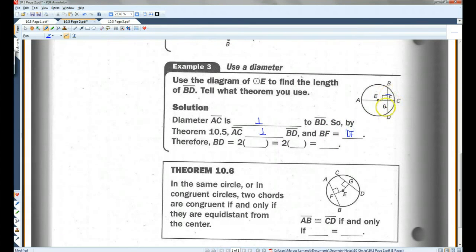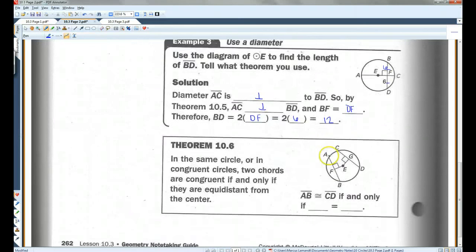Then it bisects it. So if this is 6, then this also has to be 6, which means the whole thing has to be 12, because 2 times 6, 2 times BF, I guess, or FD. FD and DF are the same. Or 2 times 6, which is 12.